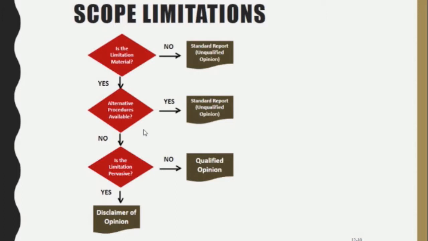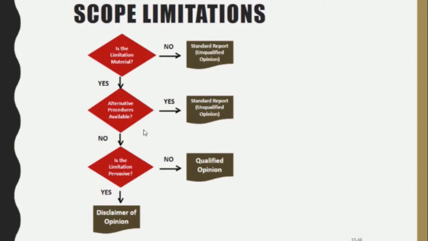Before they get to that, once they determine it's material, can they perform alternative procedures? An example might be, let's say for some reason the auditor is unable, due to circumstances, to confirm accounts receivable, which is a required audit procedure.